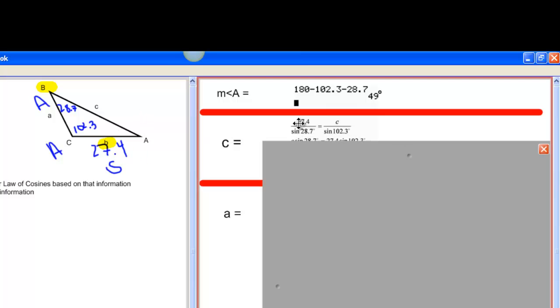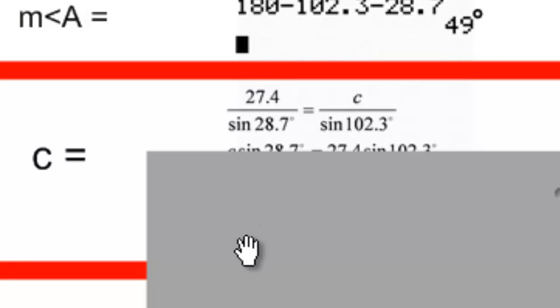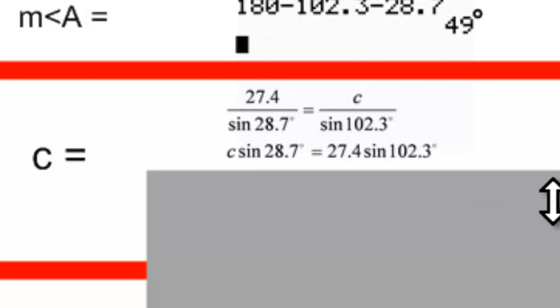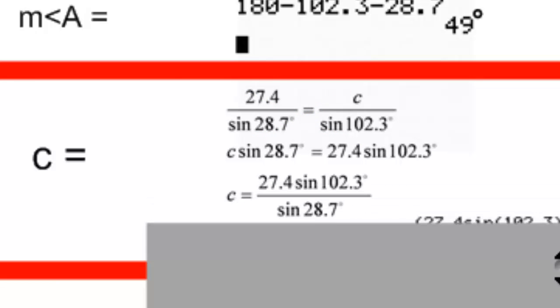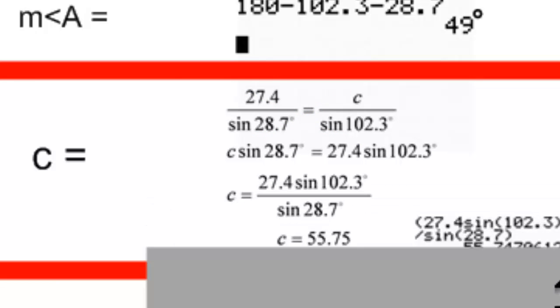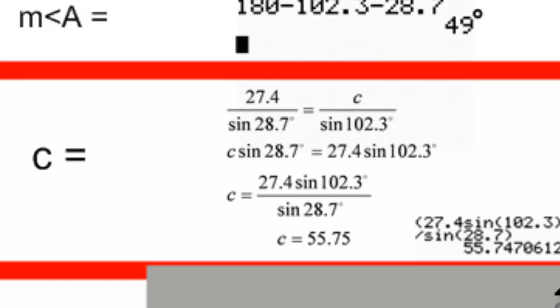The proportion I set up was side b, 27.4, over sine of 28.7 degrees equals C over sine of 102.3 degrees. I cross multiply to yield C sine 28.7 degrees equals 27.4 times the sine of 102.3 degrees. Next, I divide both sides by the sine of 28.7, and when I put that in my calculator, I ended up with 55.75, and that would be the length of side C.